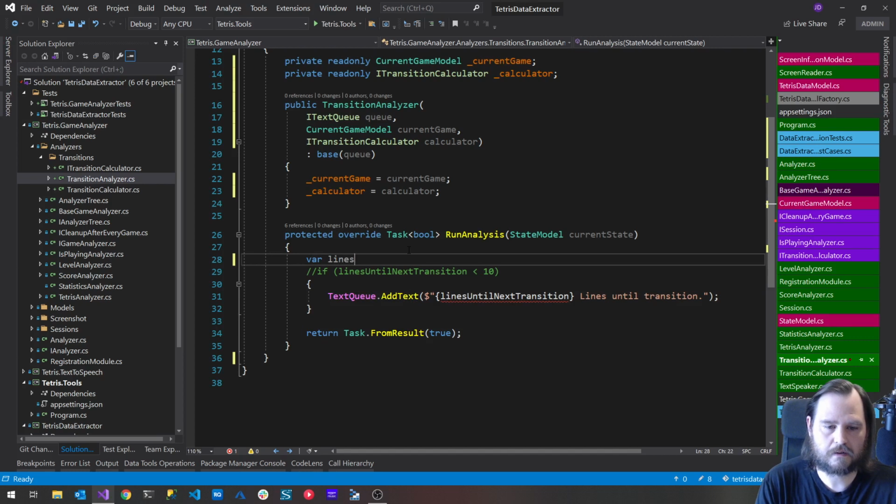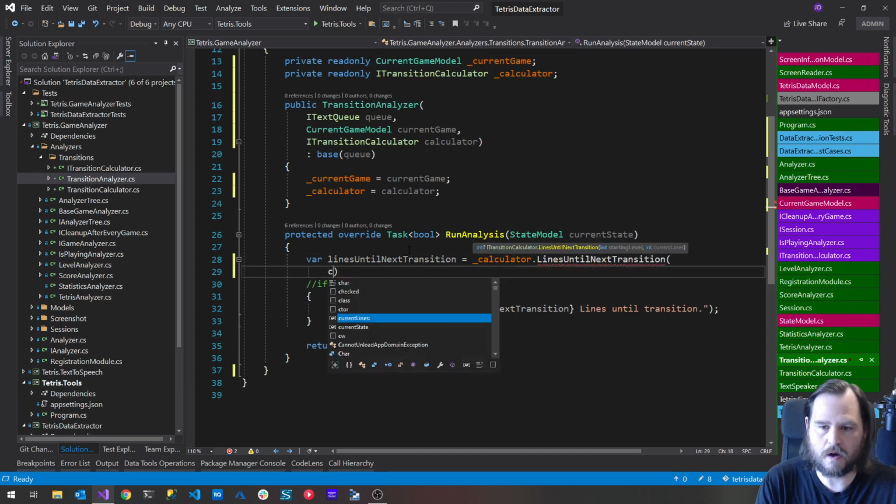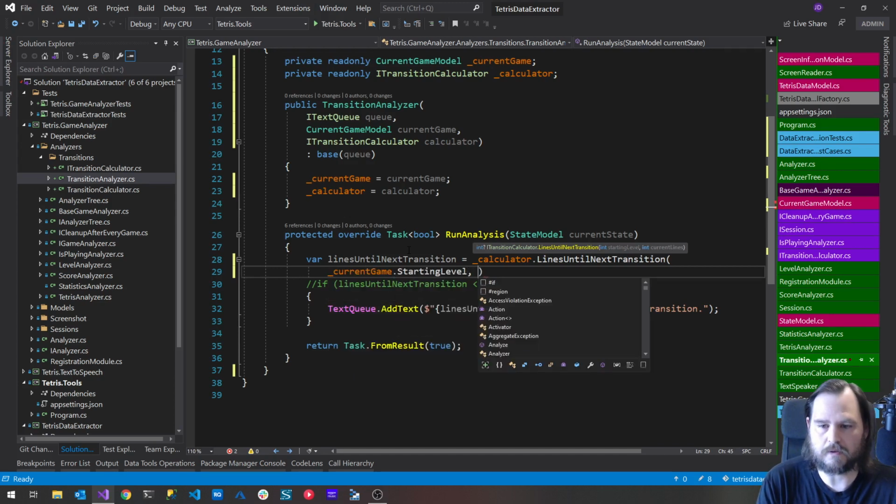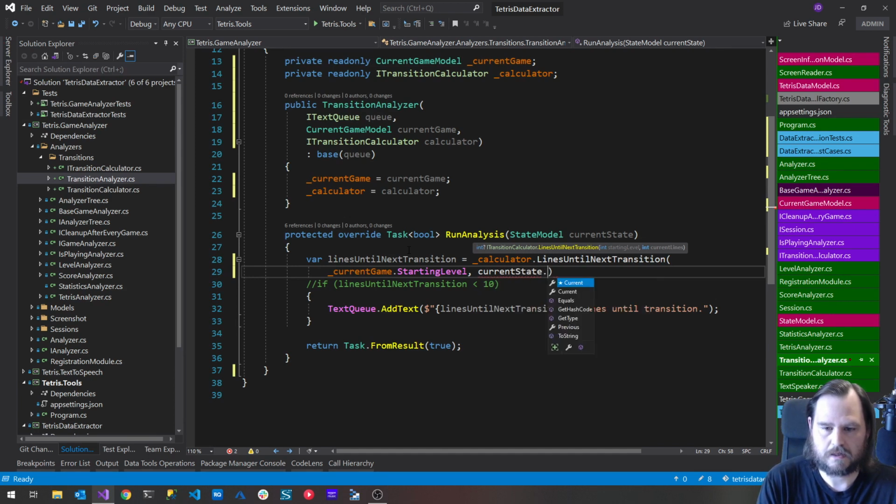And so var lines until next transition. Lines until next transition, and then we want the current game starting level and the current state current lines.